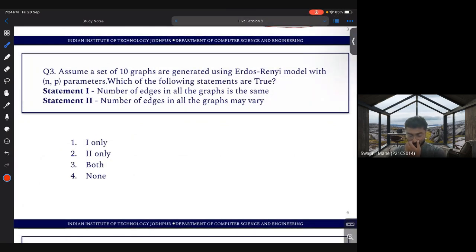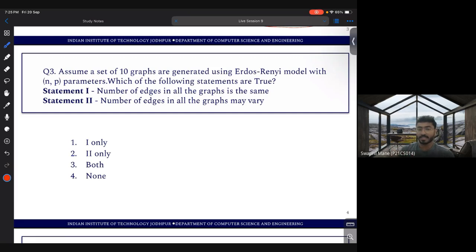Let's move to another question, which is question 3. Assume a set of 10 graphs are generated using the Erdos-Renyi model with n and p parameters. So what is the Erdos-Renyi model? It is a model used to generate a random graph using n and p parameters. n represents the number of nodes and p represents the probability of an edge being drawn between the nodes.